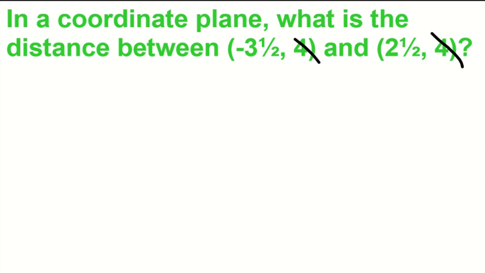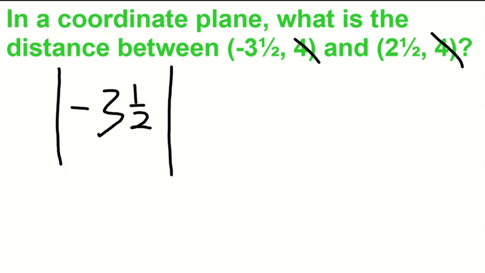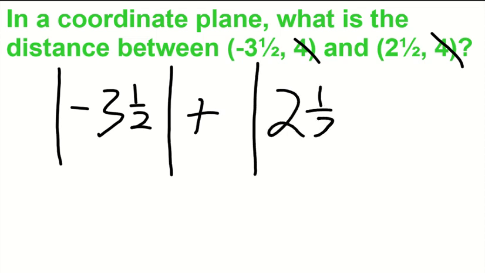Everybody's clear on that? So the rules are, when the signs are different, we are going to add the absolute values. What's the absolute value of -3.5? 3.5. What's the absolute value of 2.5? 2.5. It's just the positive version of each number. So when we add them, 3 plus 2 is 5.